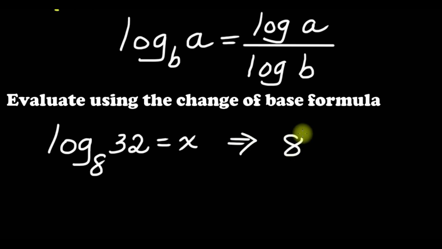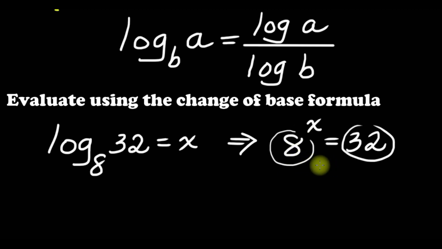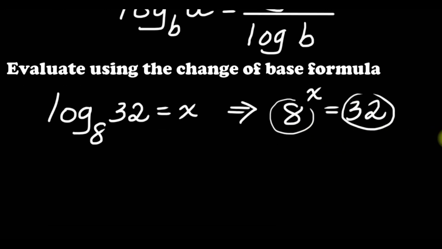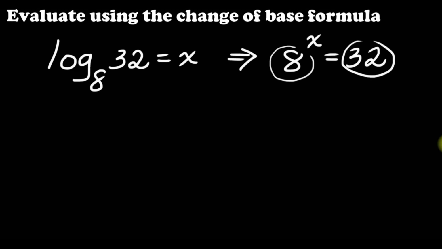It would be 8 to the x power equals 32. Okay, so now to solve this exponential form, you would have to rewrite the 8 and the 32 to the same base and then drop the bases. But in this case, we're not going to be able to do that. So that's why we need that change of base formula to evaluate.